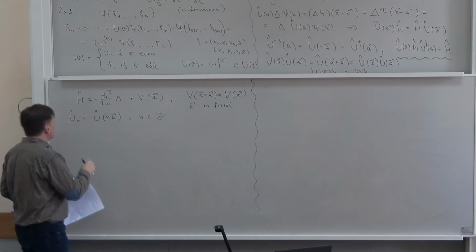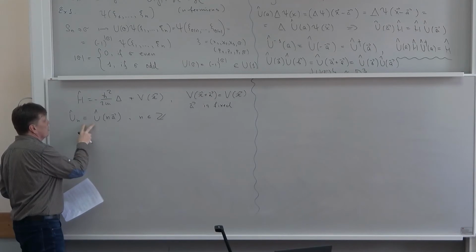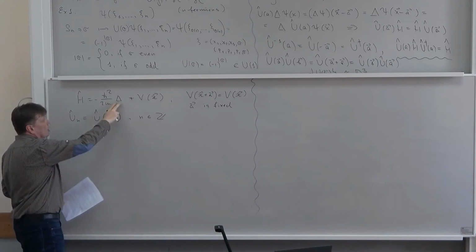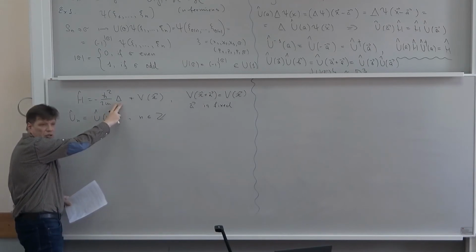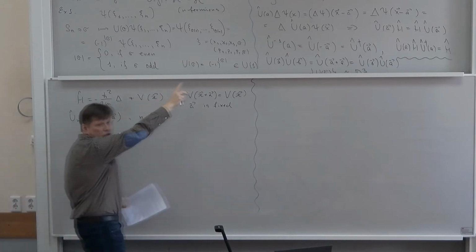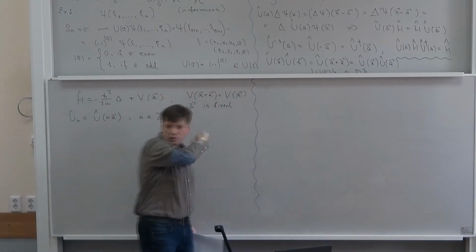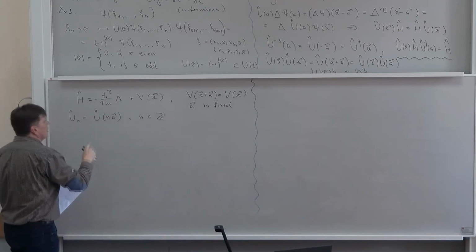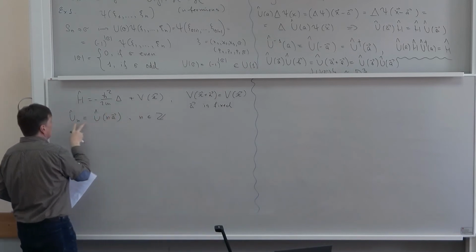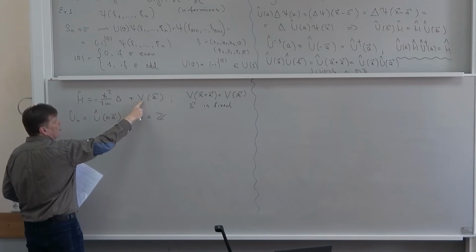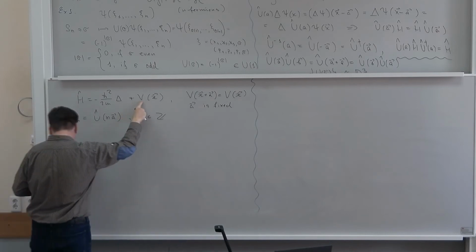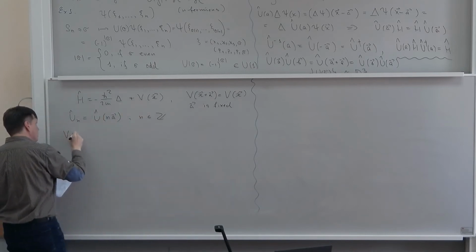It is clear that all these operators commute with kinetic energy, because kinetic energy is translation invariant, as we have seen. So it remains to show that these operators U_n commute with the potential energy. Let's check.